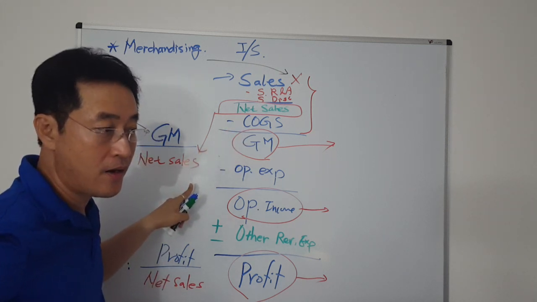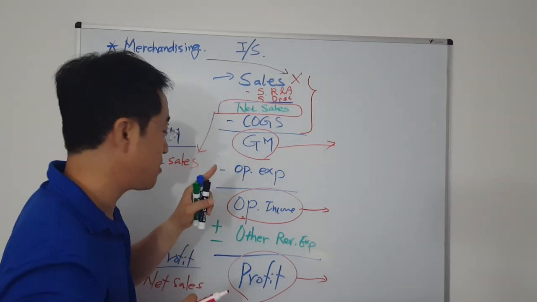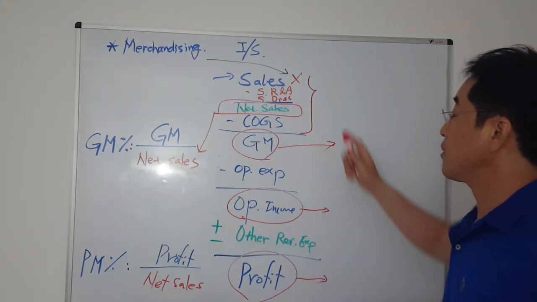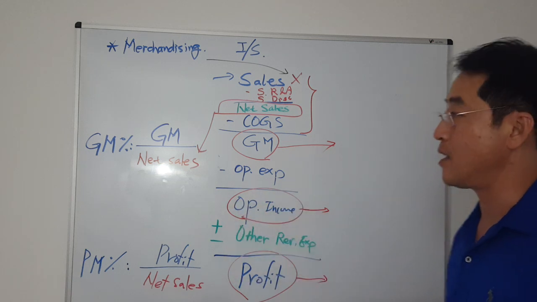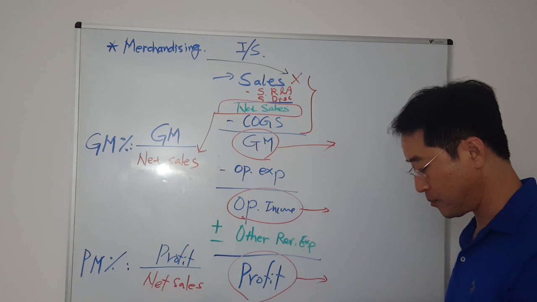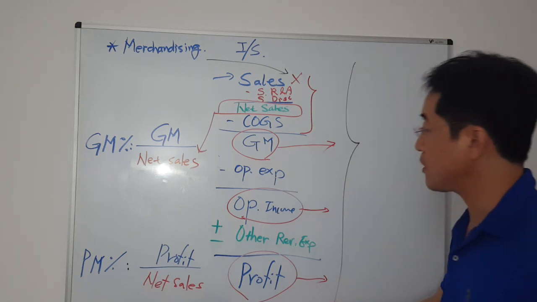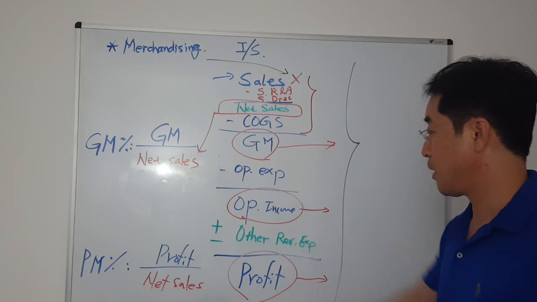That's why for ratio, I can say 1 or 2, but most of case, we use net sales when we use income statement for ratios. Good? So that's about multi-step income statement and ratio.